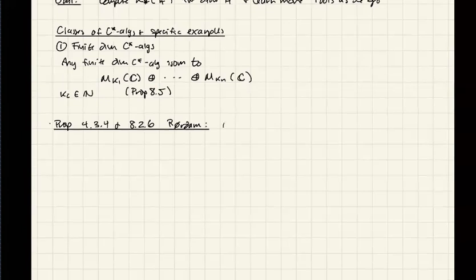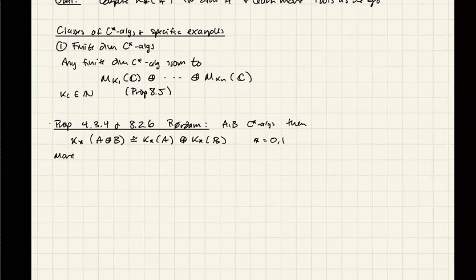So A and B, let's just say they're C-star algebras. Then if I want to find the K-theory of the direct sum, this will be isomorphic to the direct sum of their respective K-theory groups, where star can be 0 or 1. Okay? So more specifically, we can say where this isomorphism is coming from.